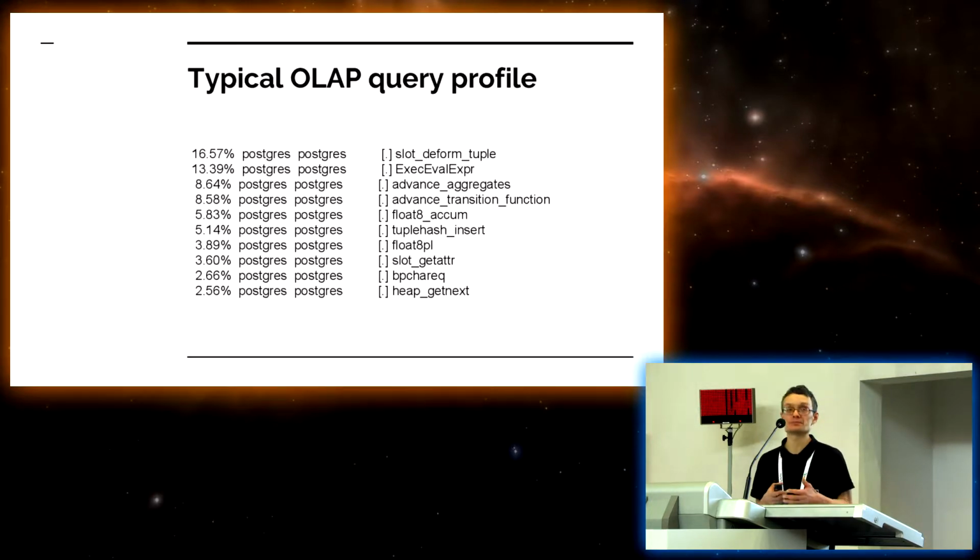14% is computation of statements, mainly that is filtration. If there is some condition, computing whether this condition is valid or not counts for 15%. And TPC-H is an example here. That is one of the most well-known benchmarks for analytics.